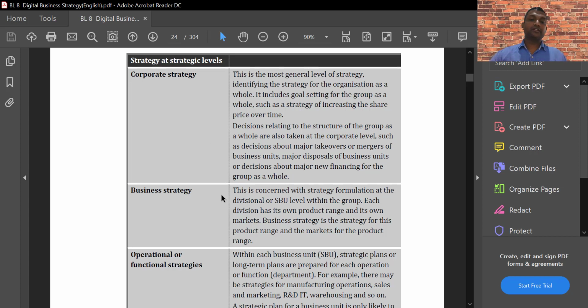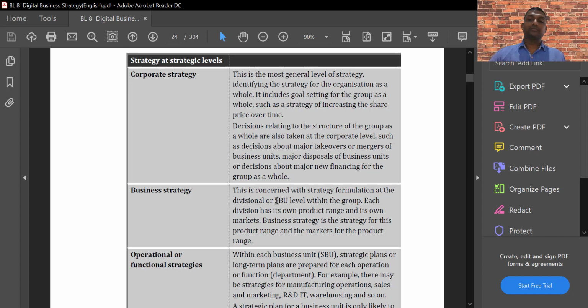And the business strategy is about each and every business unit of the organization. For example, the organization has several products or services, and each unit might be focusing on improving and developing its service or product.